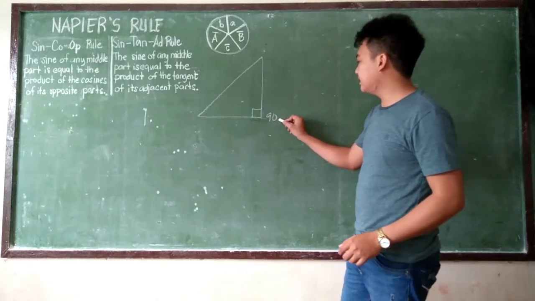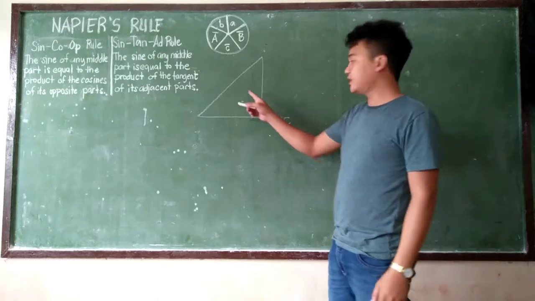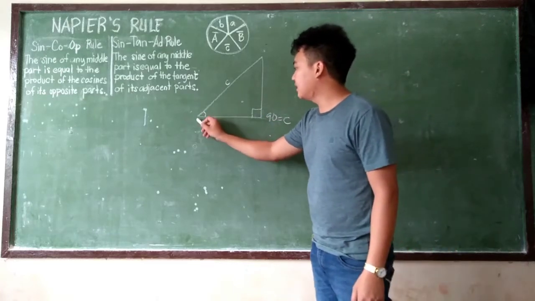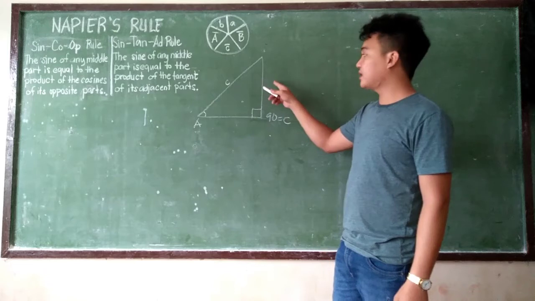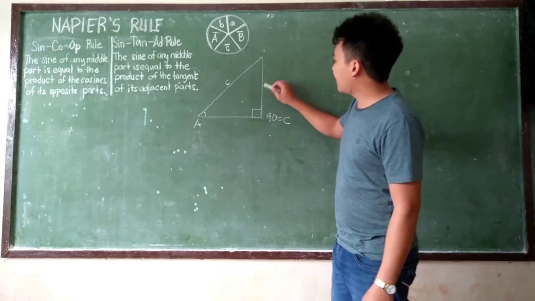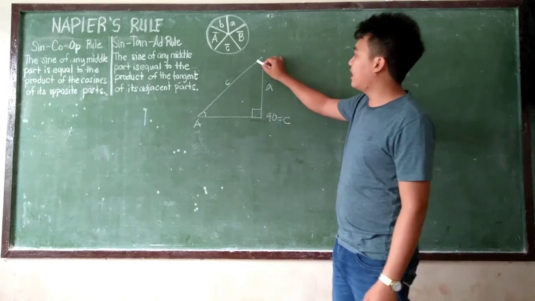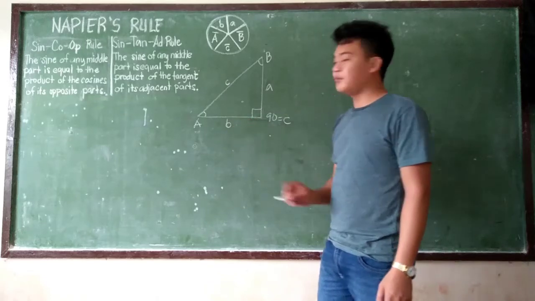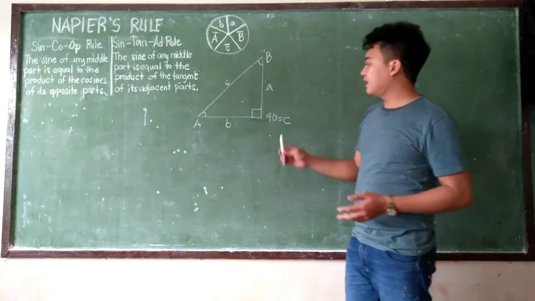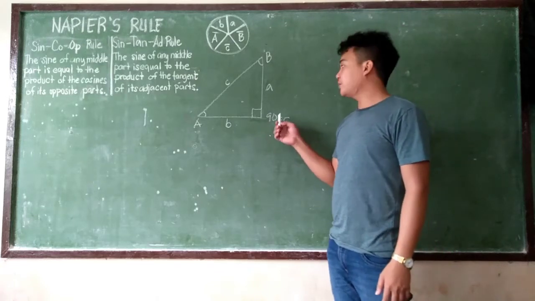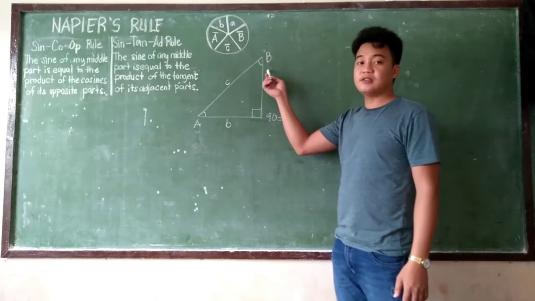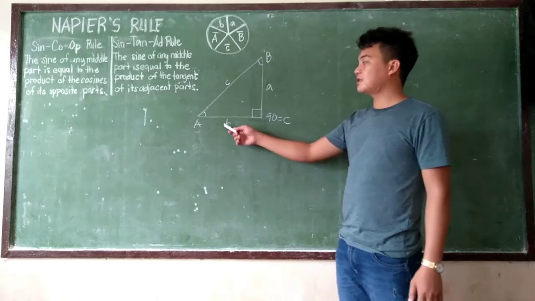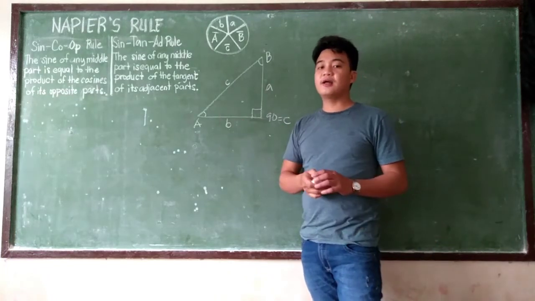This angle is angle C. The opposite side of angle C is side C. Then this is angle A, and the opposite side is side A. Then this is angle B, and the opposite side is side B. So take note that the capital letters of a spherical triangle represent the angles, and the small letters represent the sides of the spherical triangle.